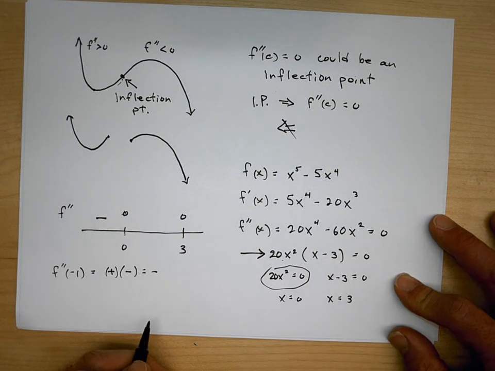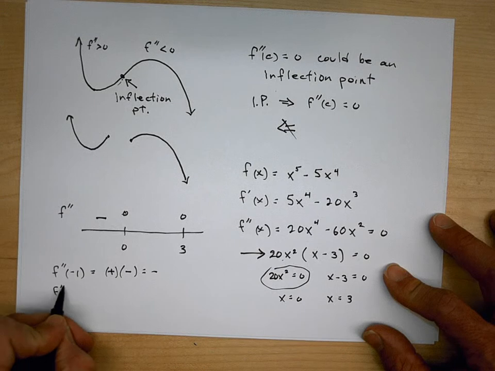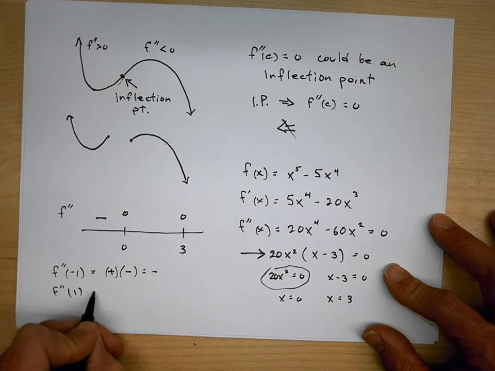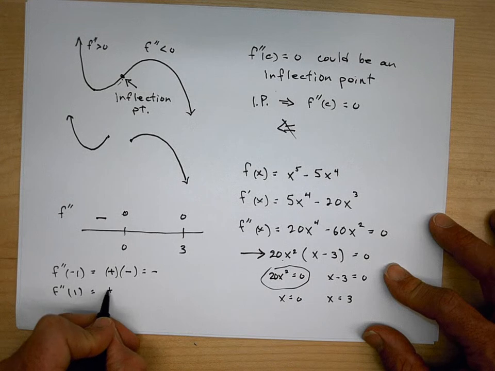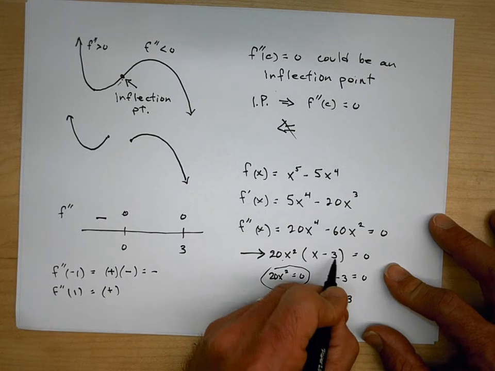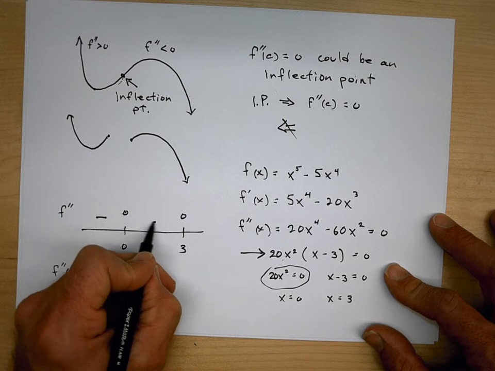So it's concave down in there. Let's pick something in between, for example 1. Putting in 1 here, we square it, multiply by 20, we get a positive. Putting in 1 here and subtracting from 3, that's negative, and the product is negative, so it's negative in here.